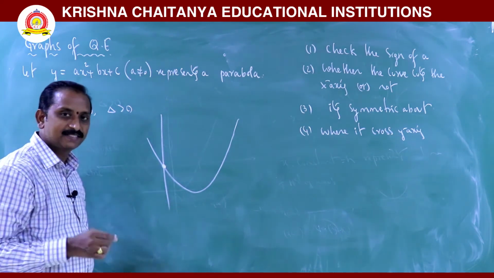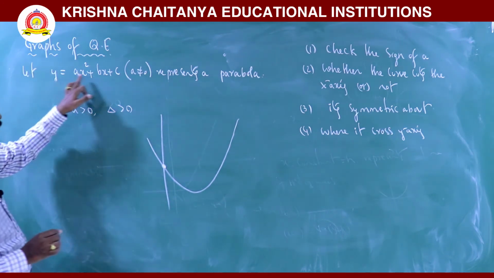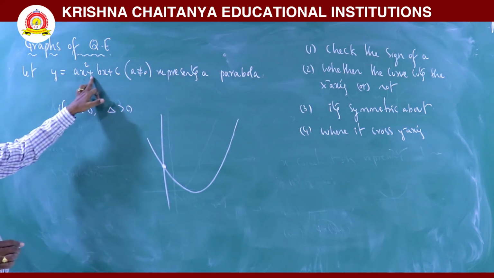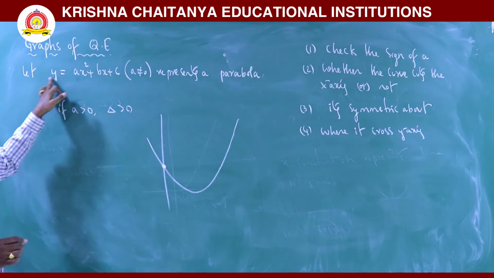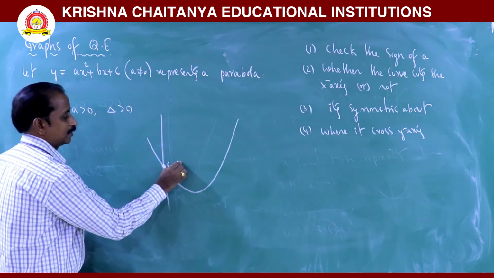A point on the y-axis has x component equal to 0. So in this polynomial, replace x by 0: a into 0 plus b into 0 plus c. So y is equal to c. So this is the point 0 comma c.